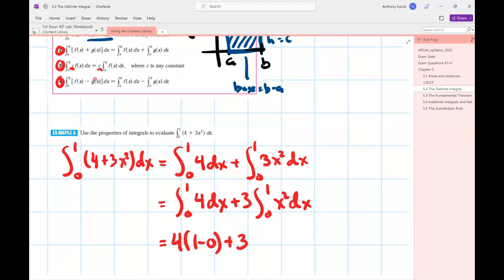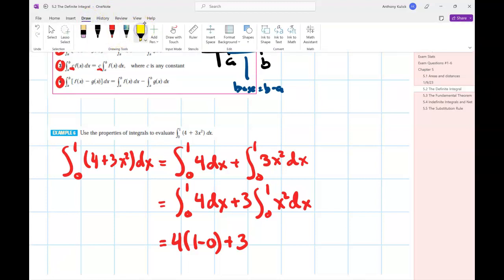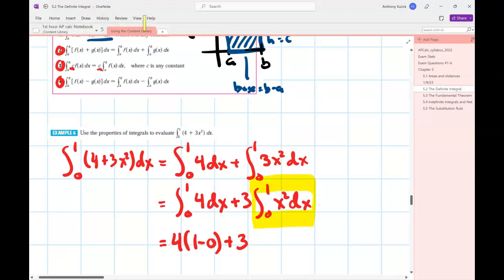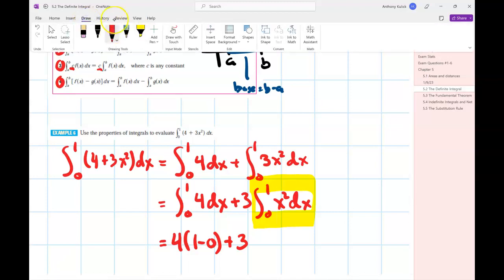And then using now to evaluate this last piece, I am stuck just using my definition of a definite integral. There's no shortcut through that.